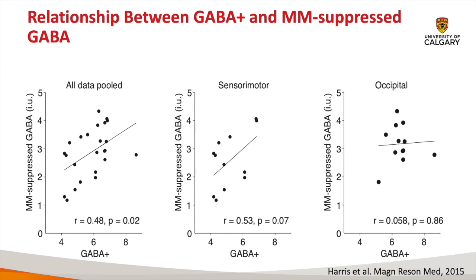But then when we break the data down regionally in the sensorimotor voxel, the relationship is there. It just doesn't quite reach the threshold for significance, but it is on the same order as that seen in the pooled data. However, in the occipital voxel, that relationship is completely lost, and so even if macromolecules aren't really functionally relevant, they do change, or they are different between regions, and this level of interindividual differences also changes between regions.